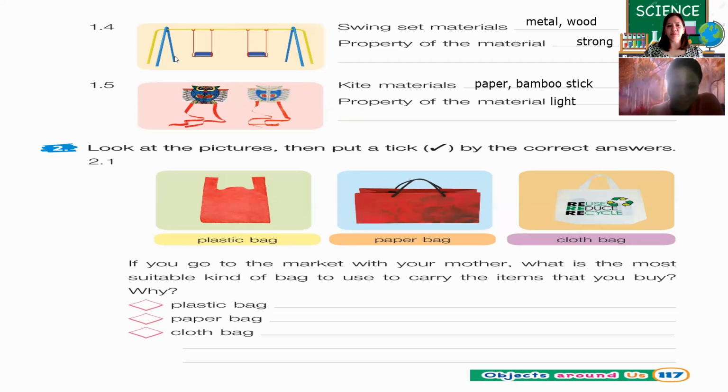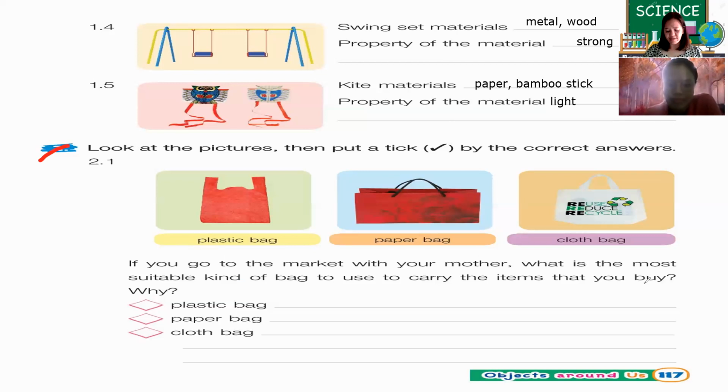In part number 2, look at the picture, then put a tick by the correct answers. If you go to the market with your mother, listen carefully. What is the most suitable kind of bag to use to carry the items that you buy?